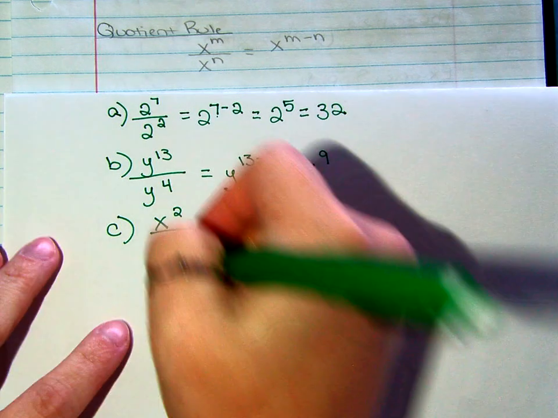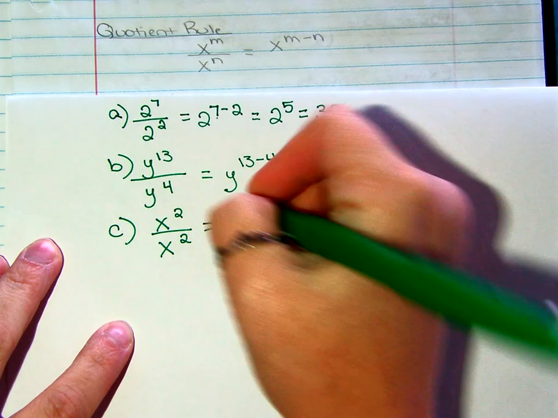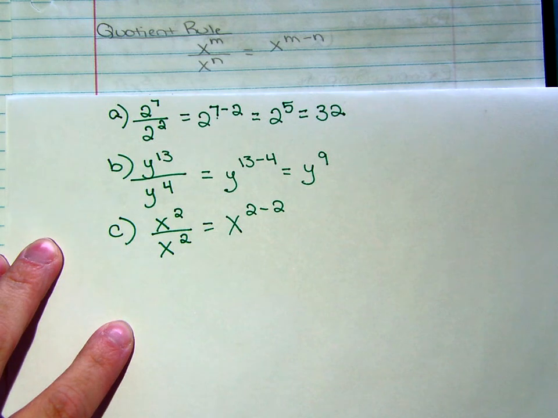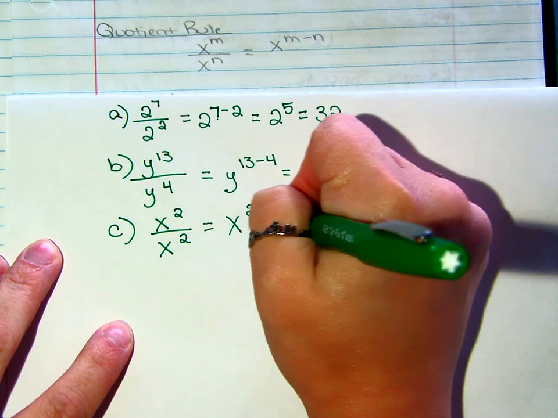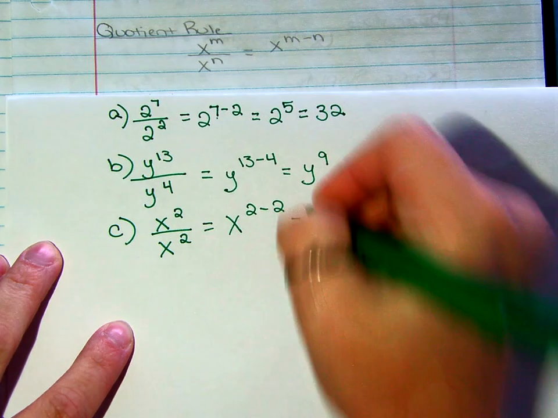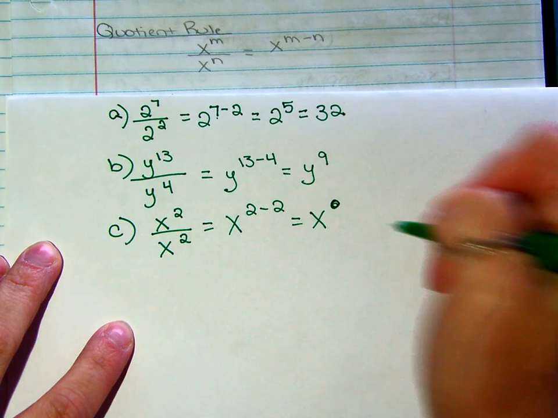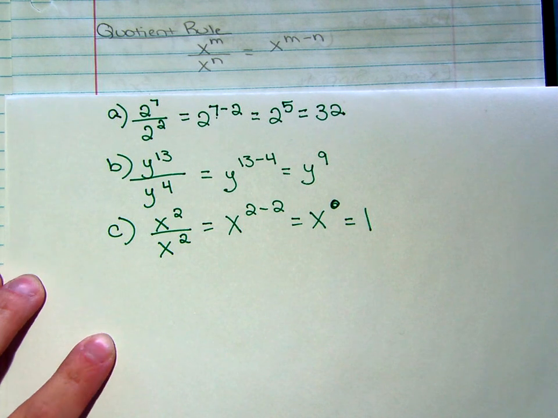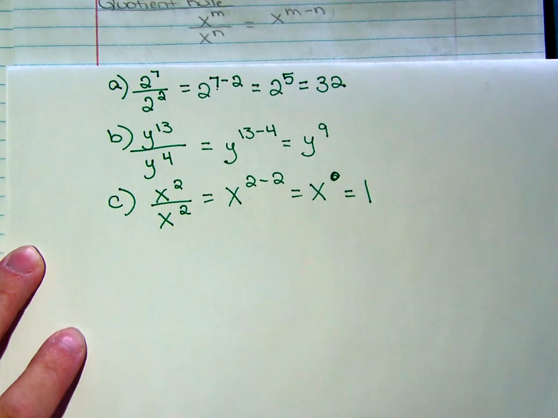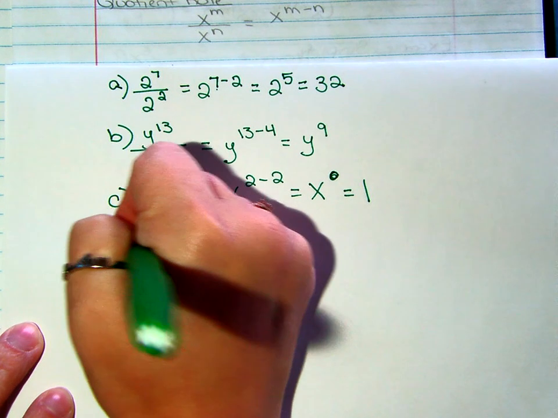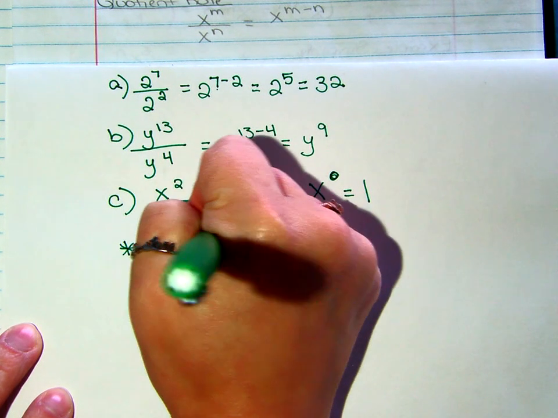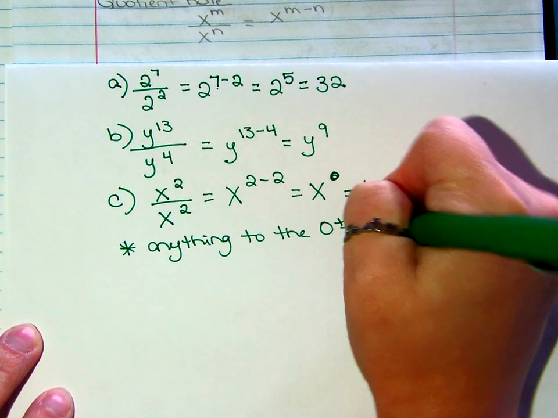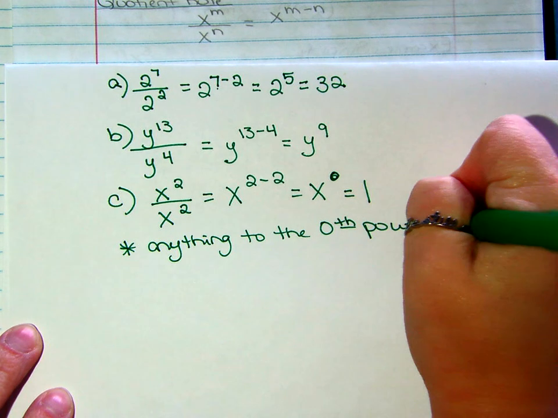But our quotient rule actually works here as well. There's just a special little rule that goes with it. When you take 2 minus 2, you get x to the 0th power, not 6, 0. Anything to the 0th power is always 1. It's one of those special exponential rules. So that's a nice little note to put in. Anything to the 0th power is 1.